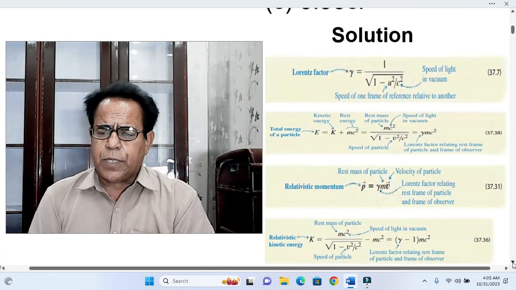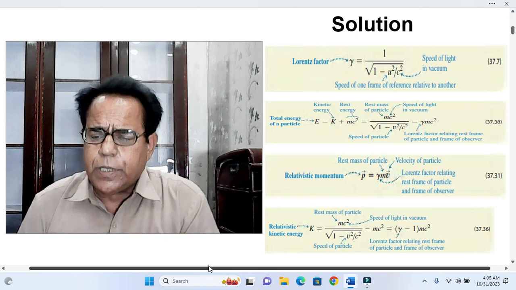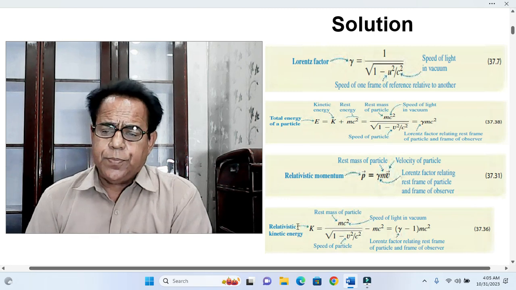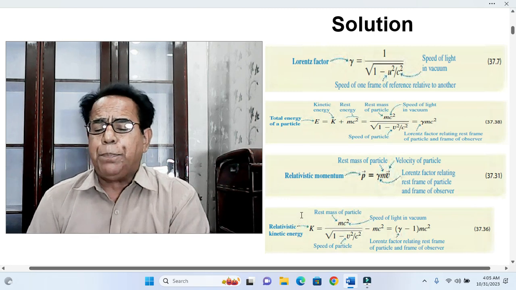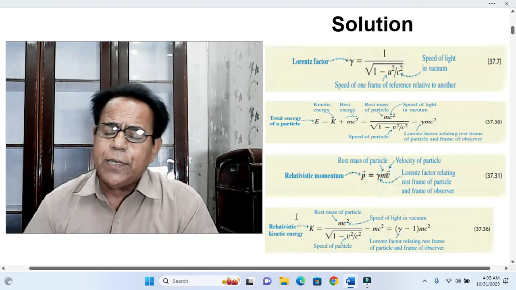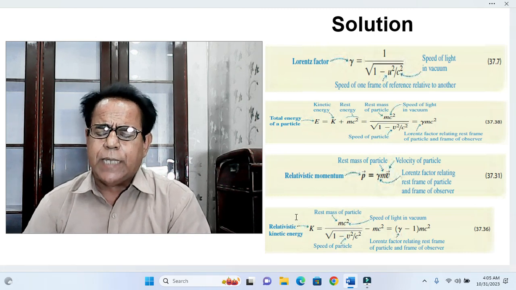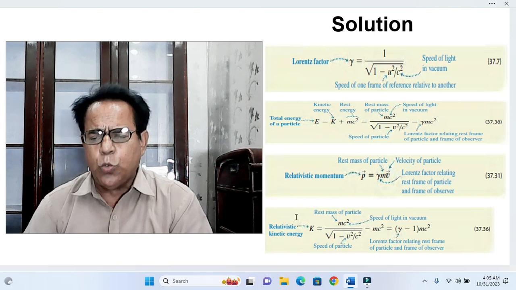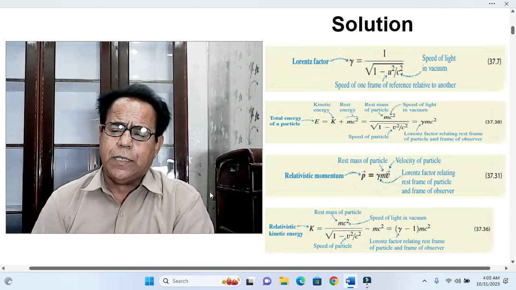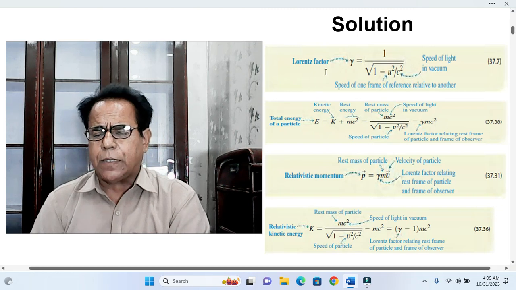Before starting our solution in a formal manner, we are going to introduce various snapshots. These snapshots were included in our previous lectures, so we will not go into detail and will just include them in this lecture. The first snapshot is about the Lorentz factor gamma.